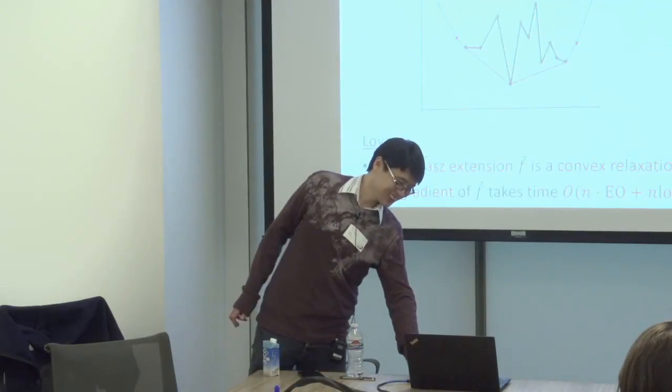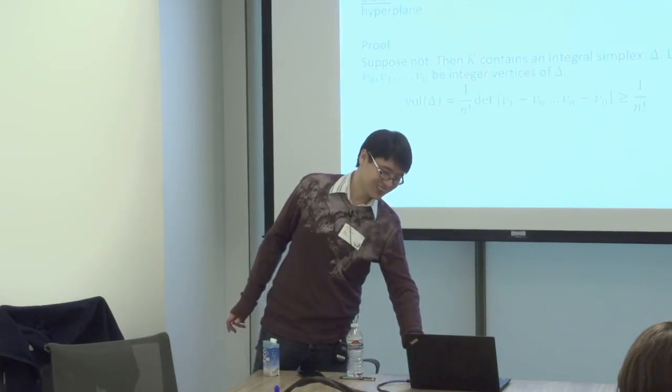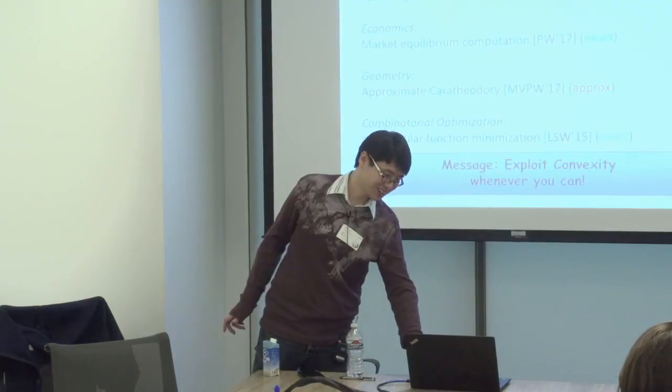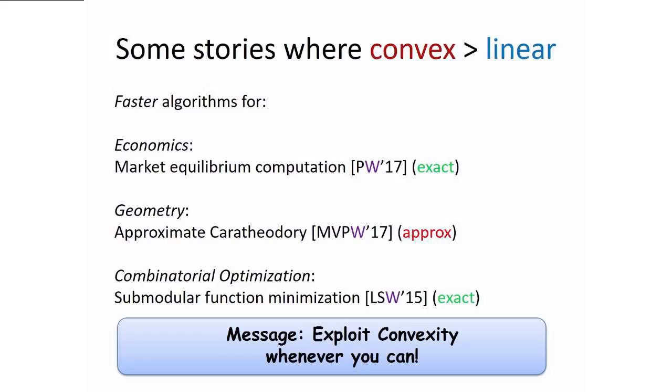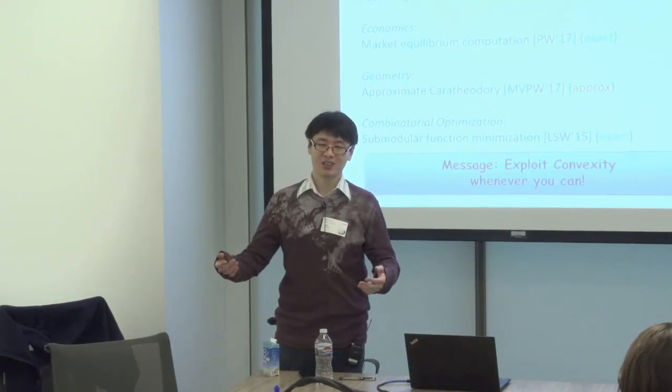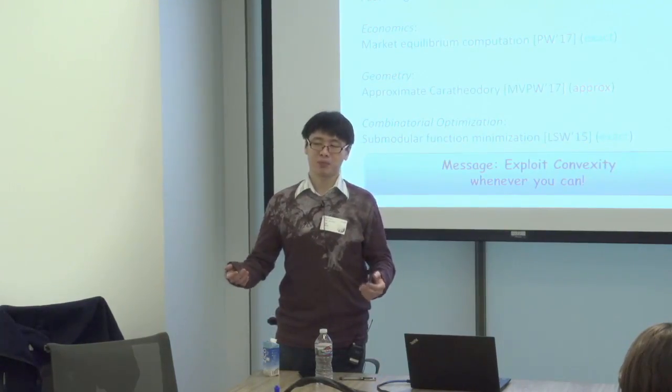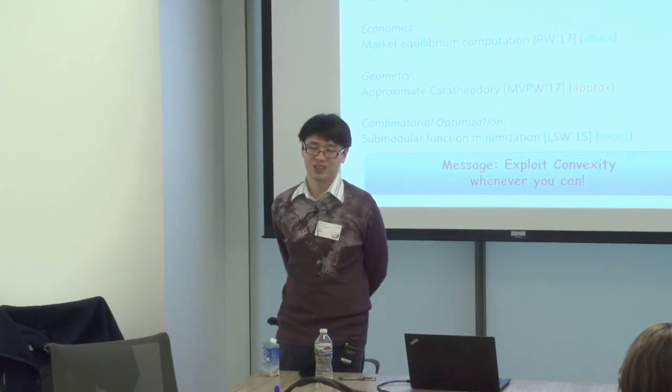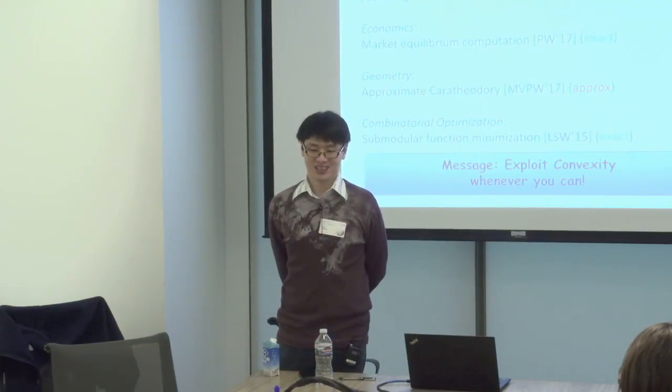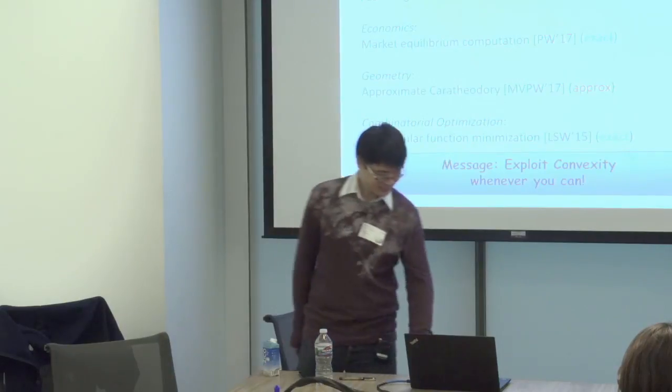So again, the main story I want to get across is that you can get something better easily if you swap linear with convex. By going to the more powerful convex optimization paradigm, you can get something very easily.